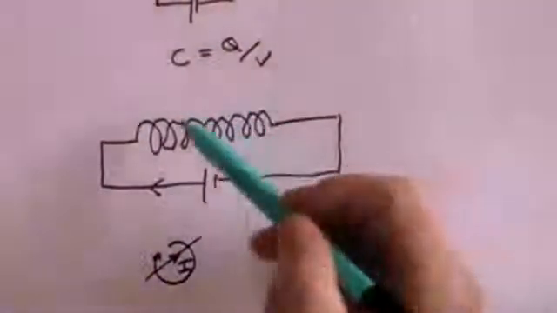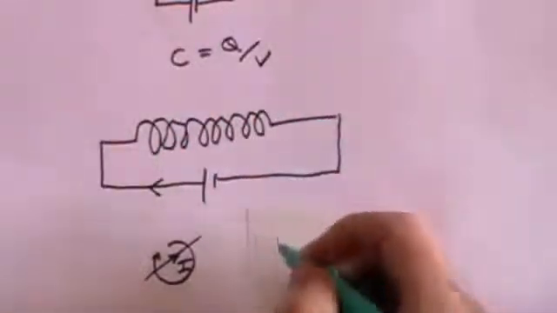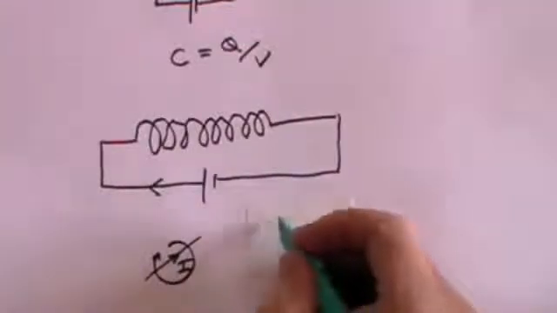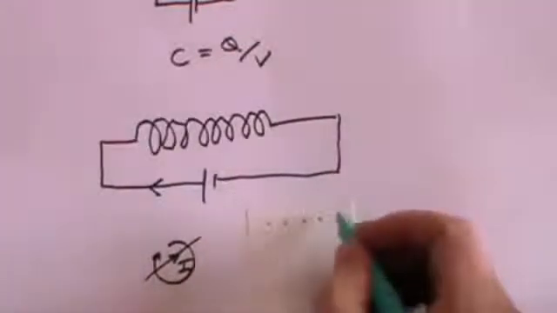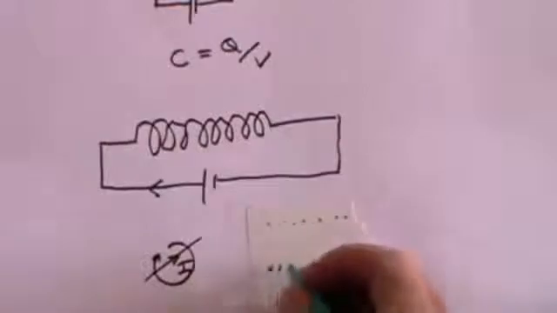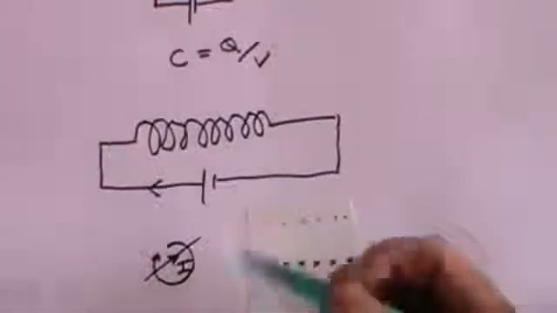So if you think about the coil, at the top of the coil you've got a whole load of wires. Let's say the current is going in to the paper, and at the bottom of the coil you've got a whole load of wires coming out of the paper. So what we're doing is we're looking at the inductor and seeing the coil go round.